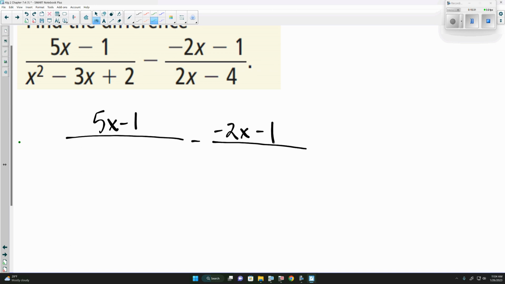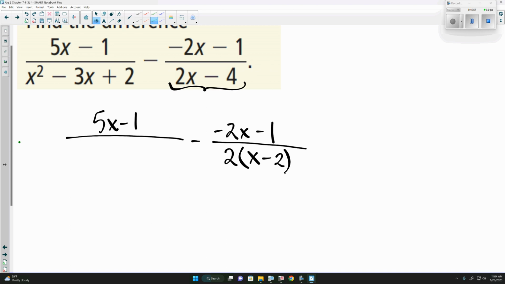So for this one here, we do need to factor the denominators and go from there. Now out of the two of them, 2x minus 4 is probably going to be the easier one to factor, so we can do it first. Between 2x and 4, they have a greatest common factor of 2. If we take 2 out of 2x, we're left with x, minus 2 factored out of 4 is 2.